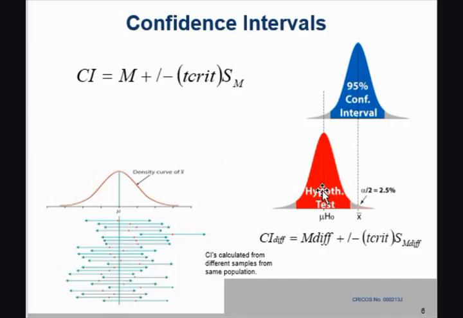If it doesn't fit between those confidence intervals, we can reject our null hypothesis. And the confidence intervals based on an infinite number of samples from the same population will all be slightly different, but you can see the majority of them will contain that population mean between those points.